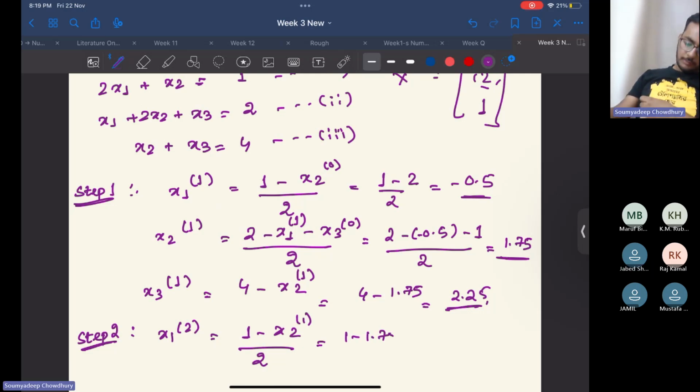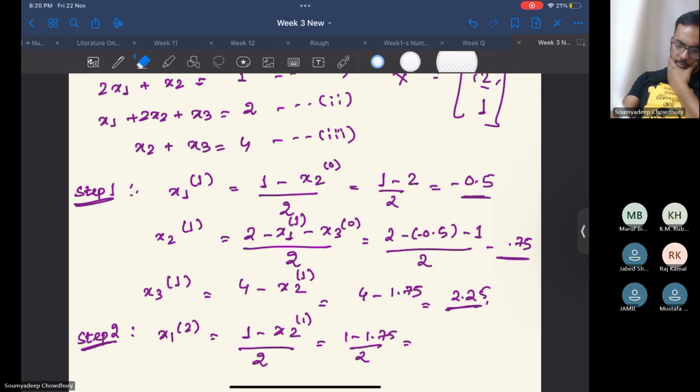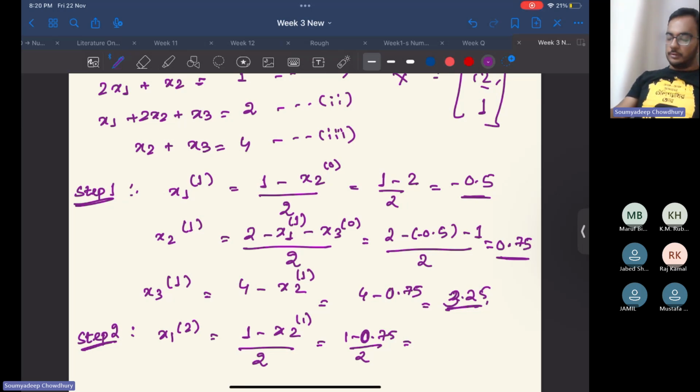Yes, sir. 1 minus 1.75 is wrong, it is 0.75. So this is 0.75, and 1 minus 0.75 by 2 gives 0.125.